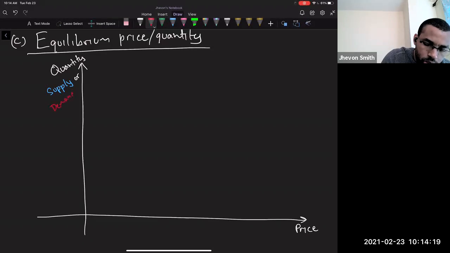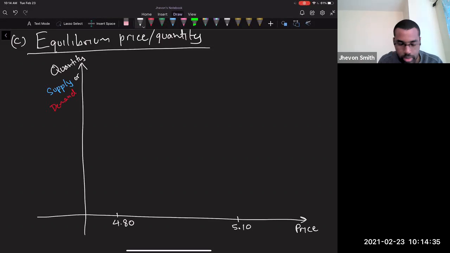Right, we're going to plot them both on the same graph so you can kind of see what I'm getting at. So we know that we have data at $4.80 and at $5.10, right? So I know for the supply at $4.80, suppliers are willing to supply 1.9. Right, so that's that right there.